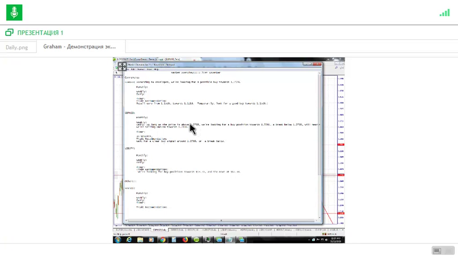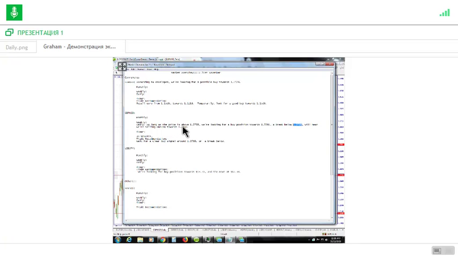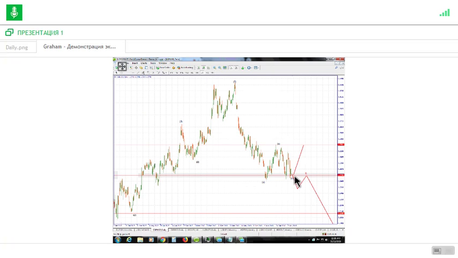So I think that is the thing we did yesterday, that as long as the price is above 1.2768, we are looking for a buy position towards 1.3301, then a break below 1.2768 means we are looking for a sell towards 1.2100.